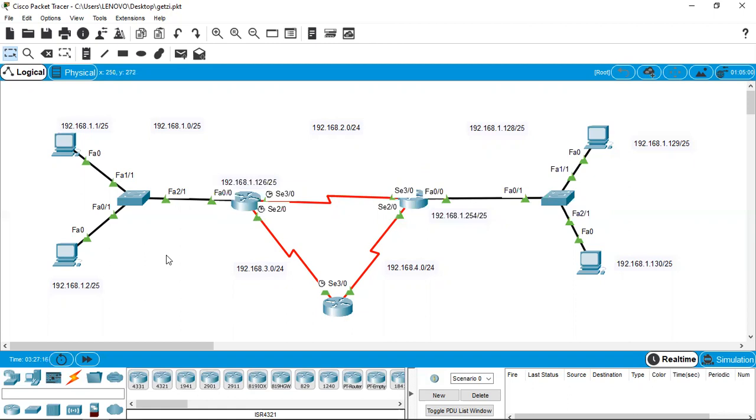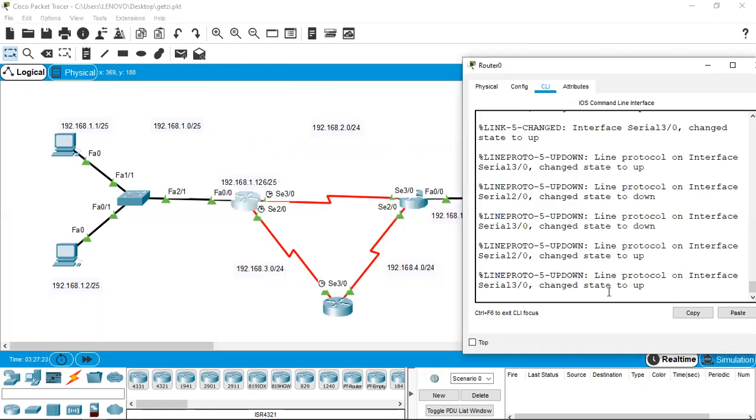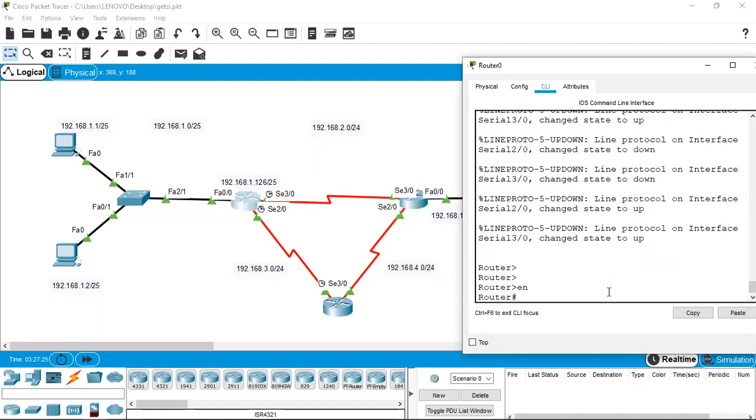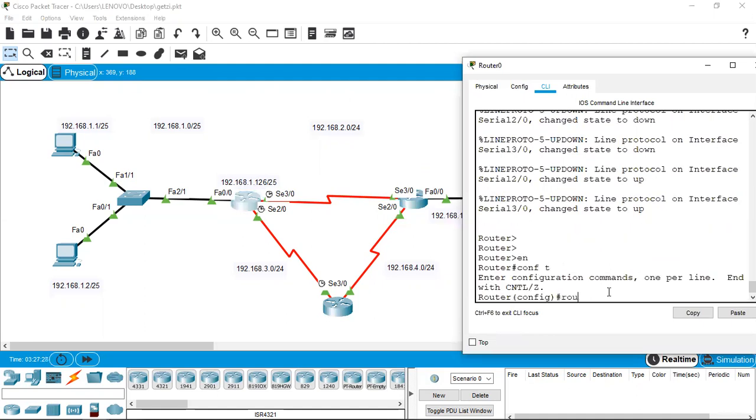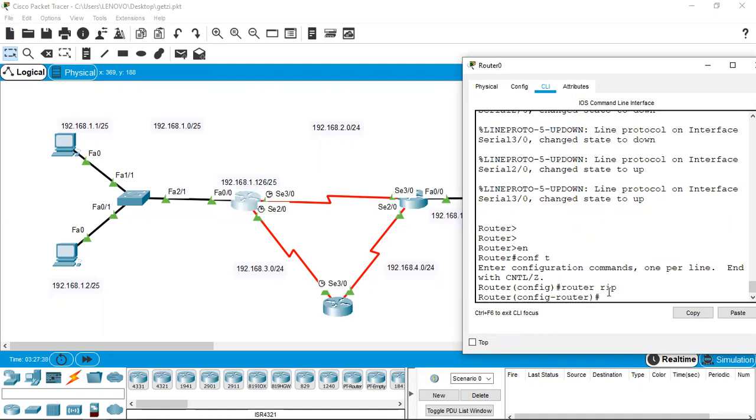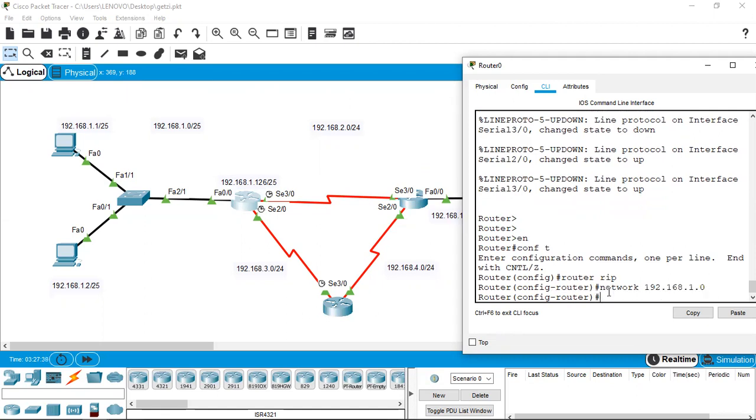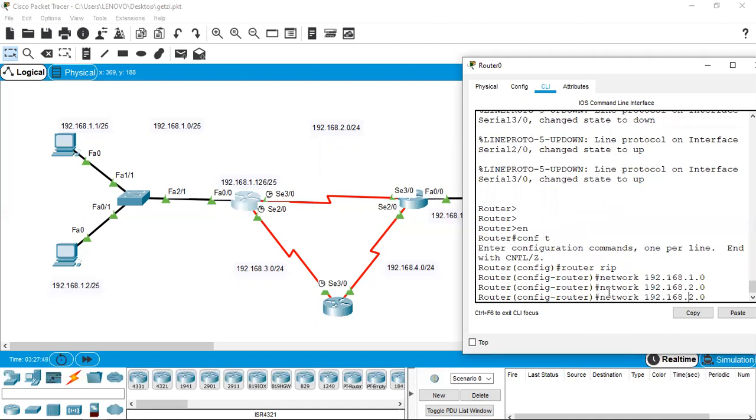I will explain the necessity for RIP version 2 by first configuring RIP version 1 in this topology. We all know how to configure RIP version 1. So enable, config t, router rip. The networks are network 192.168.1.0, and another network is network 192.168.2.0, and then 3.0.